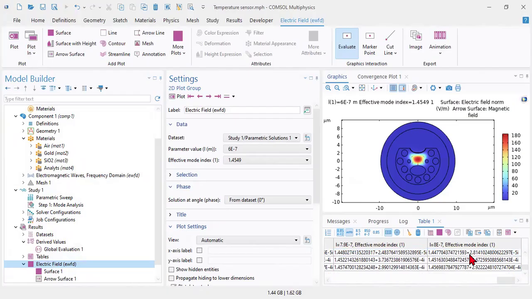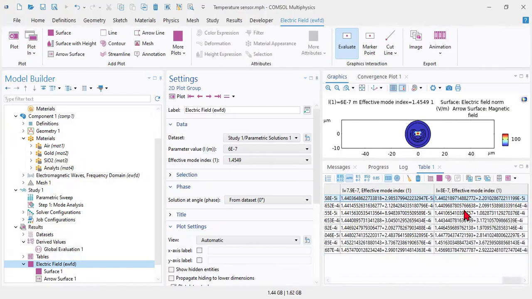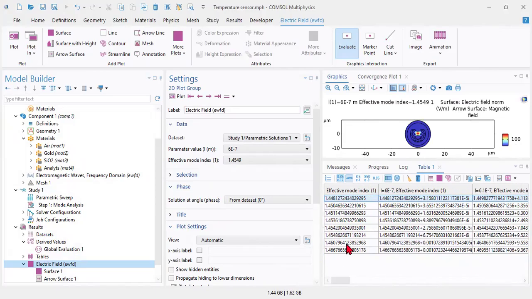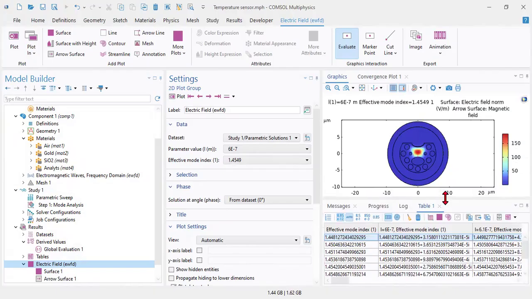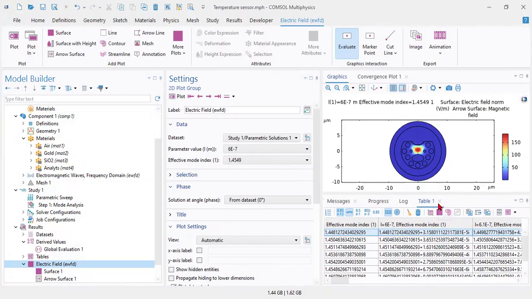So here you can see there are 8 different modes. From these 8 modes, we have to search for our design mode. So that's actually our goal.